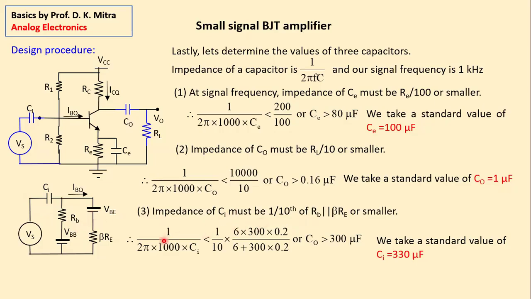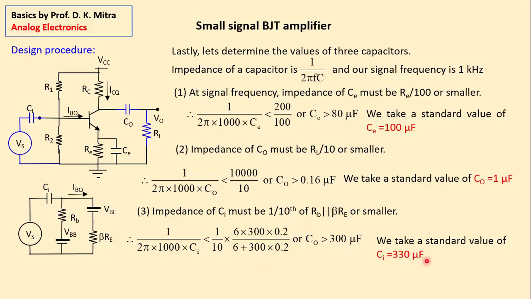So 1 by 2 pi f CI should be less than 1/10 of RB and beta RE in parallel. RB is 6 kilo ohm, beta is 300, RE is 200 ohm or 0.2 kilo ohm. So after all these calculations, CI becomes 300 microfarad. We take a standard value of 330 microfarad.